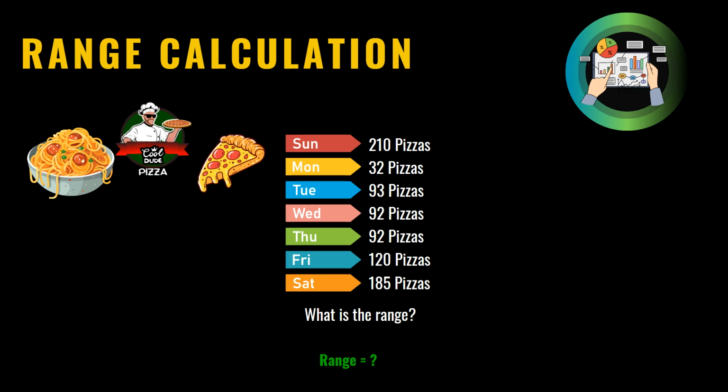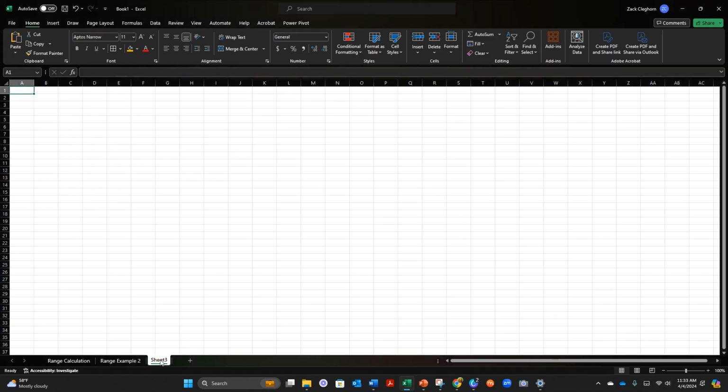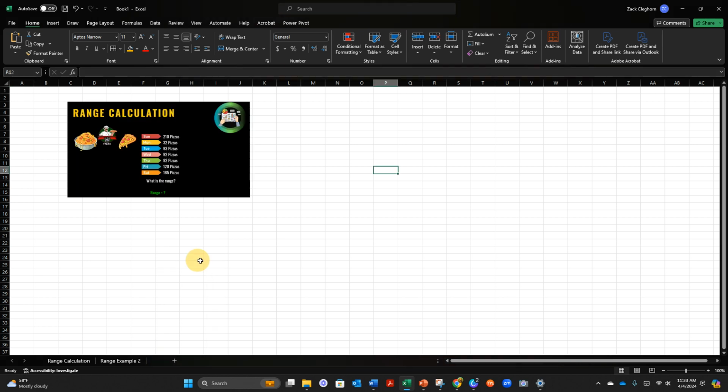All right, guys, so we've got Cool Dudes Pizza and Pasta. They're going to help us out here. So here's a collection of their data, and we're going to do the same thing here. I just went in and created a new spreadsheet. However, we don't need to do that.